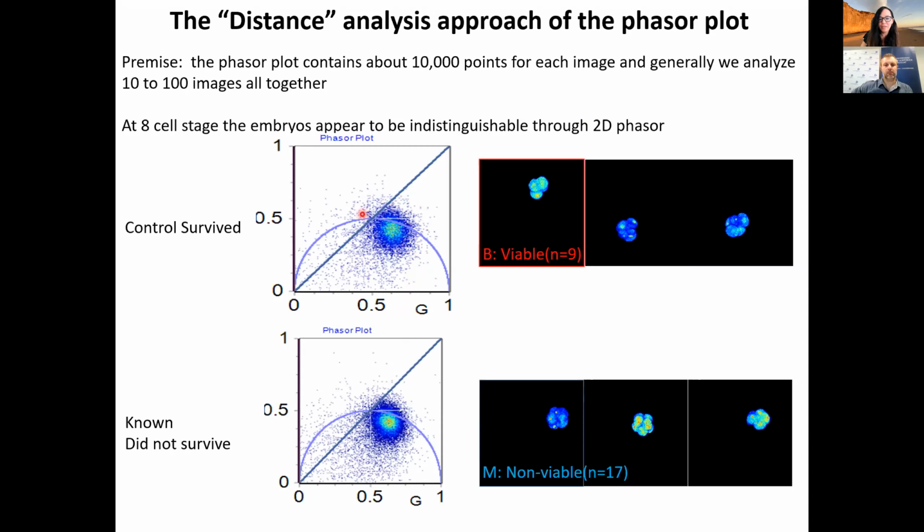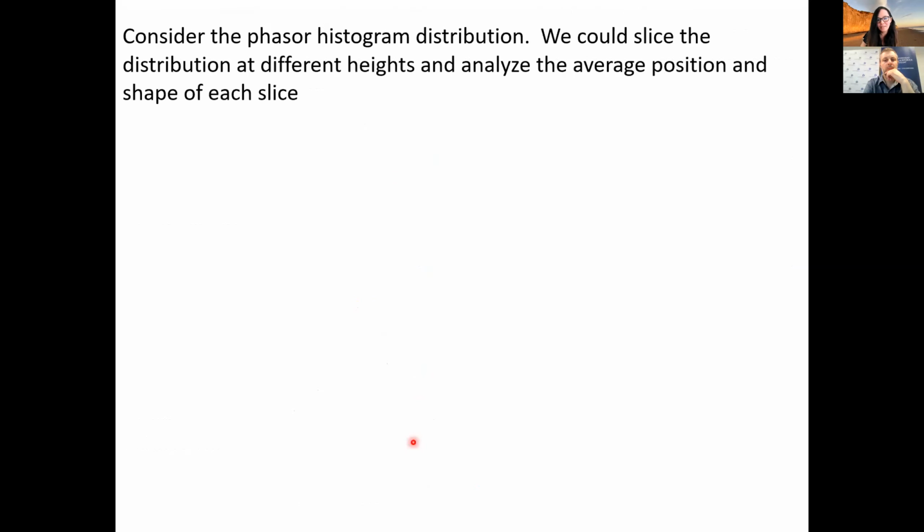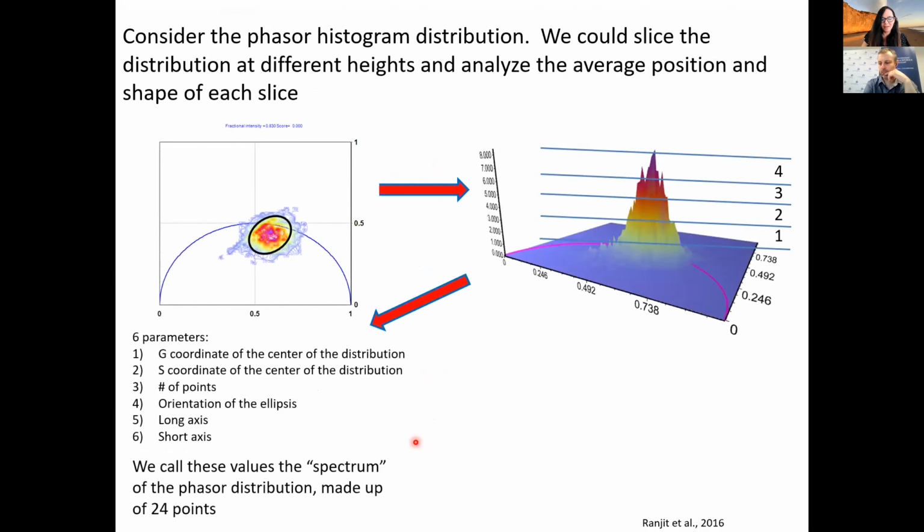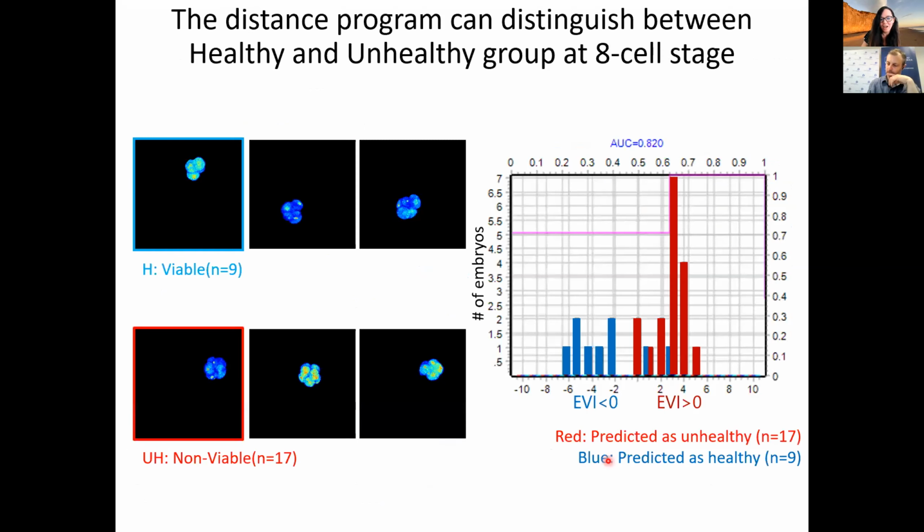These are healthy embryos that are viable, and these are signatures from embryos that did not go to the blastocyst stage. So these developed to the blastocyst stage, these did not, but we took the data from the very beginning, at the 8-cell stage, and we were able to use this data as a test set to look at the distance to get an index of whether the embryos were healthy or not.